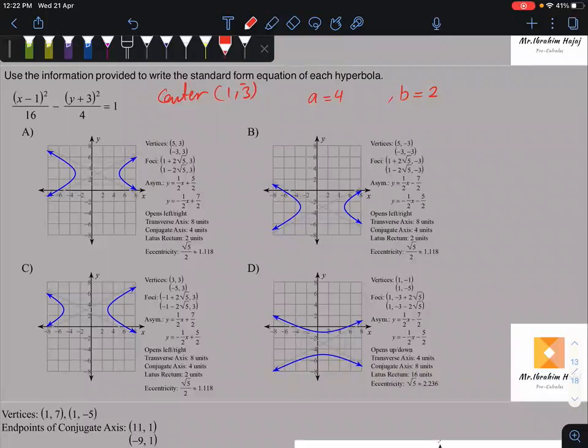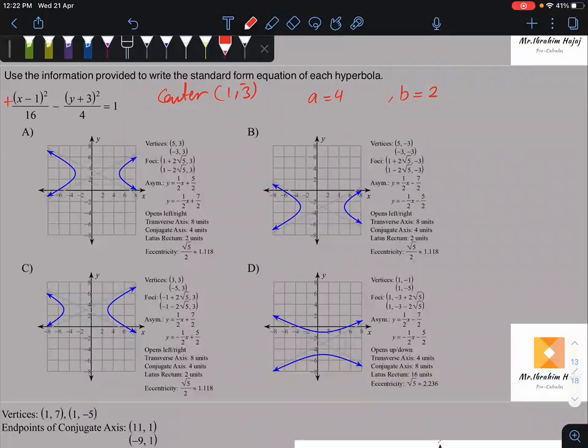Yes, so the positive sign here is with the y, so when it's positive, it opens what and what here? Opens up and down. Okay, opens up or down. And the center is at what? 1 and negative 3.